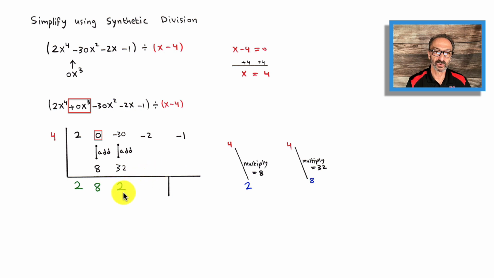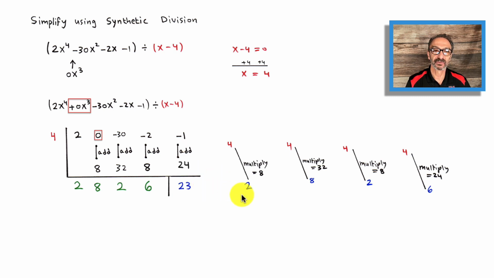We repeat 2 times 4, put it on the side. 2 times 4 is 8. We put 8 under negative 2. Add them. That's a 6. Multiply 6 times 4. That is 24. We put the 24 under negative 1. Add them. That's 23.